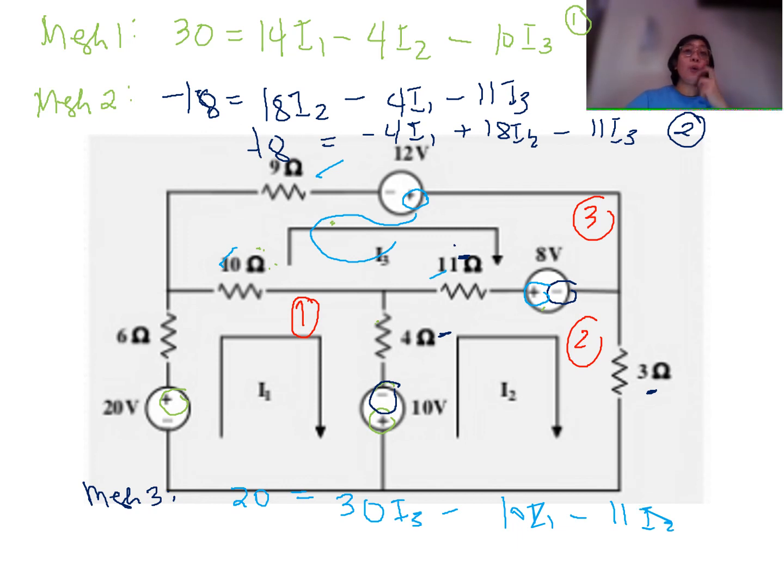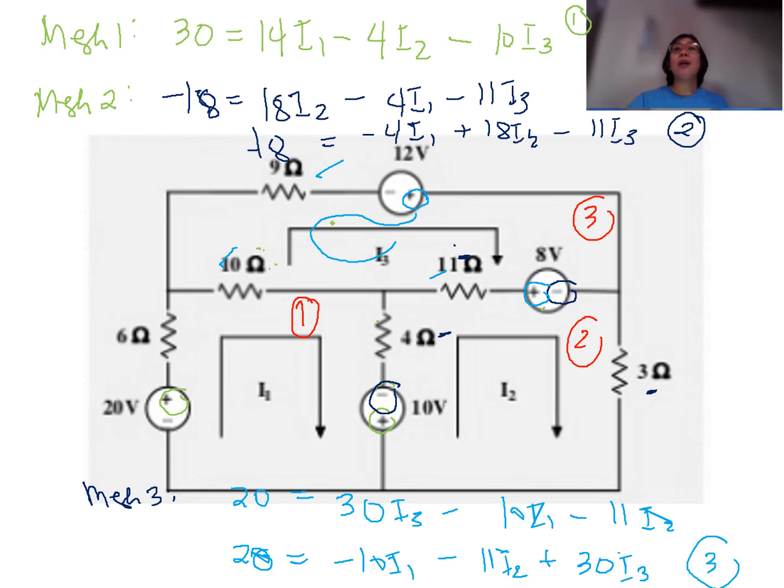Okay, rearranging, we have 20 is equal to negative 10 I1 minus 11 I2 plus 30 I3. Okay, so this is our third equation.